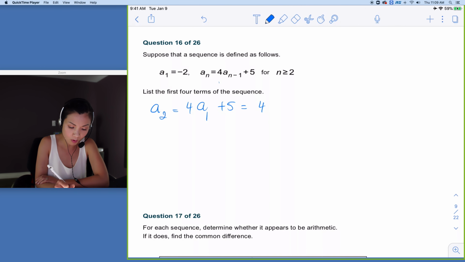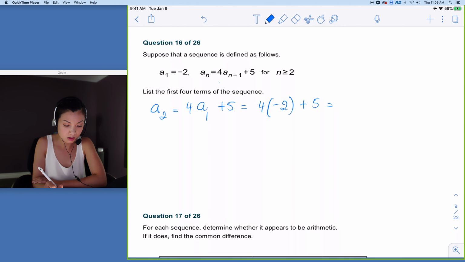So we have 4 times a1, which is given as negative 2, plus 5. So it's negative 8 plus 5, which is negative 3.